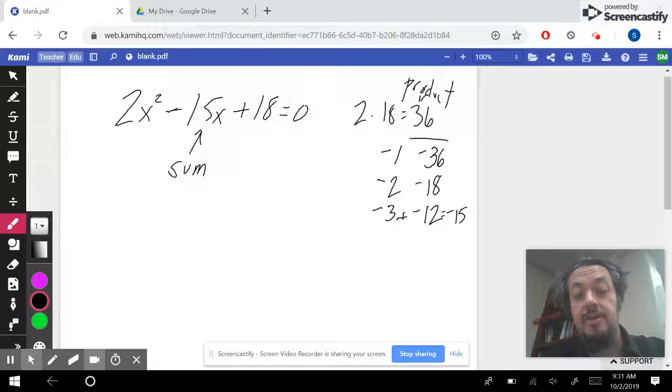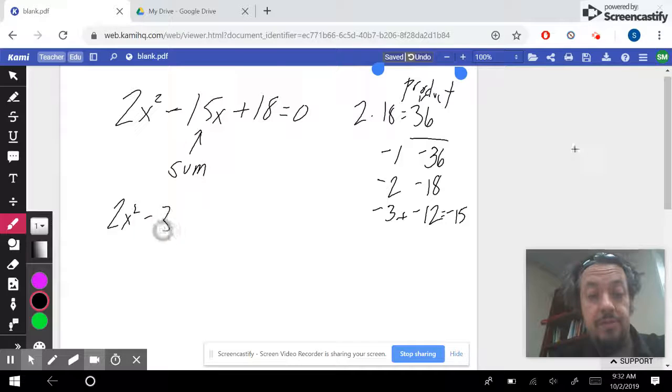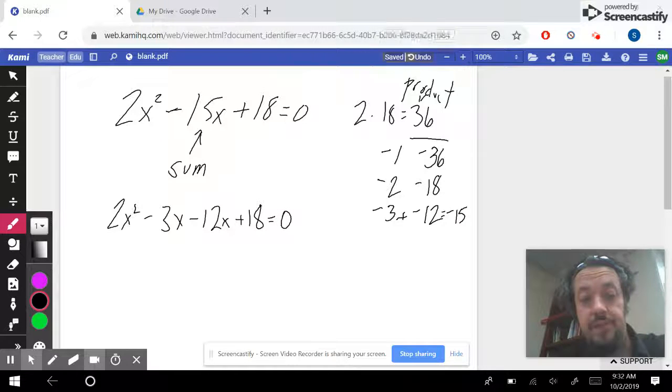So instead of writing negative 15x, we're going to write 2x squared minus 3x minus 12x plus 18 equals 0. You can see this is equivalent. We're just rewriting that middle term so as to be able to factor by grouping, which is what we're going to do at this point.